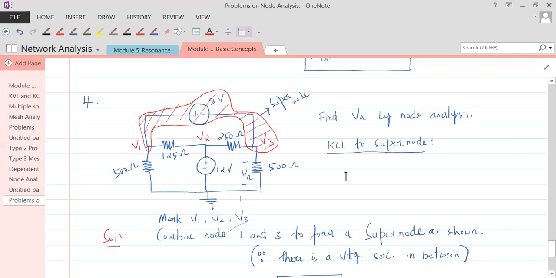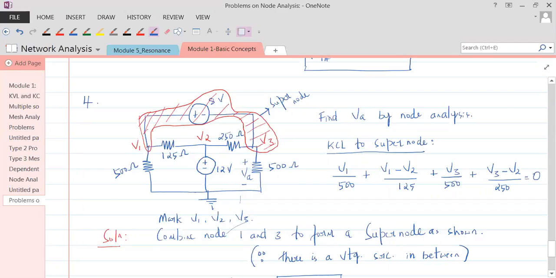So it's V1 by 500, one current leaving node 1. There is another current leaving node 1, that is V1 minus V2 by 125, plus V3 by 500 plus V3 minus V2 by 250 equal to 0, since there are no entering currents.